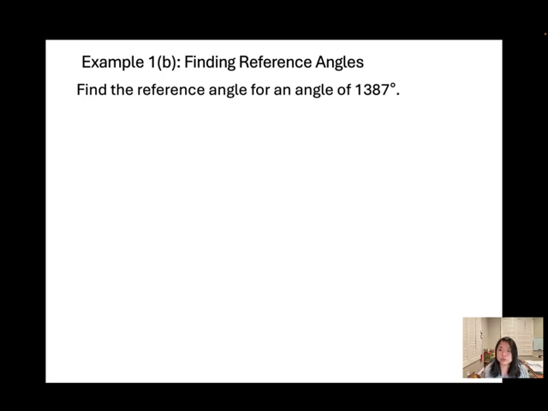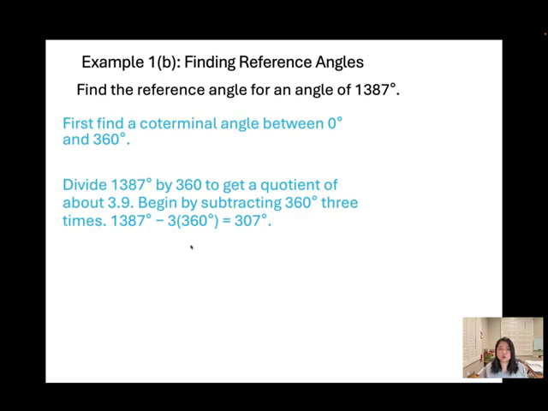Remember, you can add or subtract 360. 1387 minus 360 is still greater than 360, so keep subtracting 360 until your angle is between 0 and 360 degrees. You need to do it 3 times, and you get 307 degrees. That is in quadrant 4.